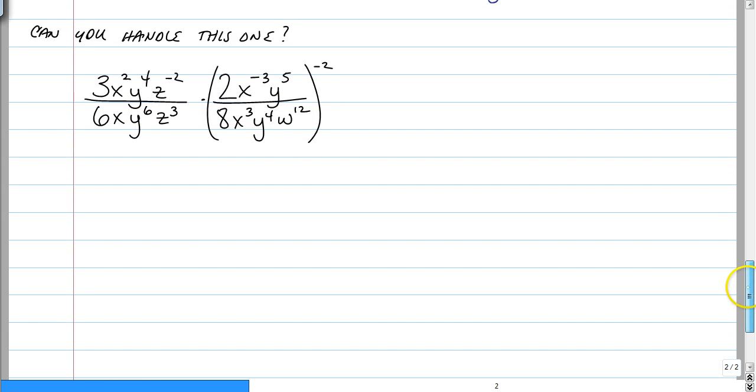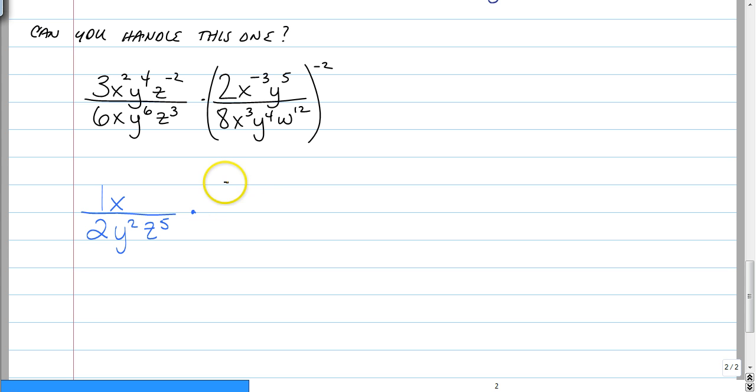Last one. Can you handle this? Well, can you? Give it a try. So, let's simplify this first guy. That's 1/2 x y squared z to the 5th times.